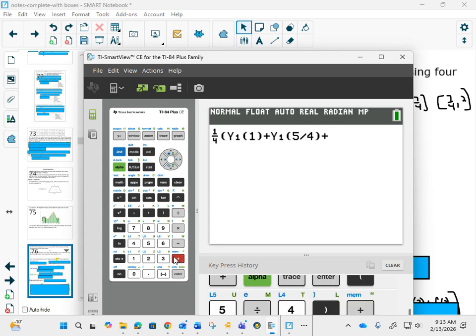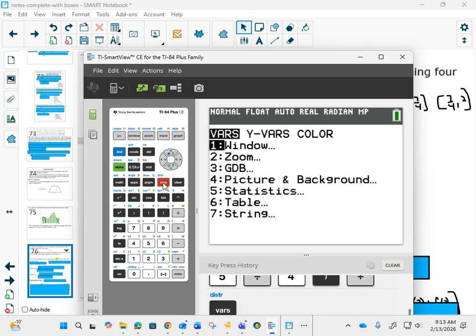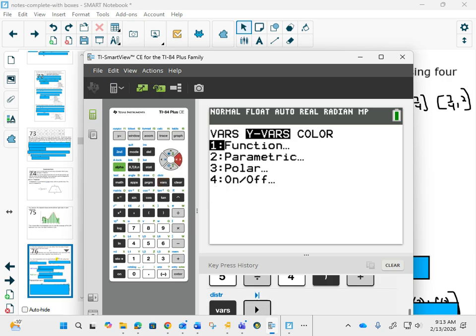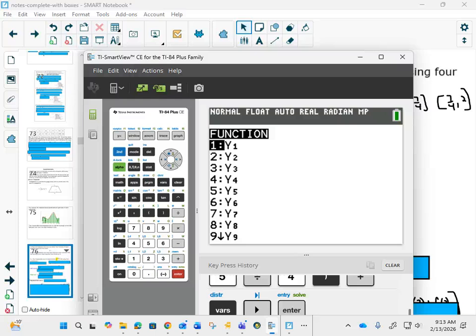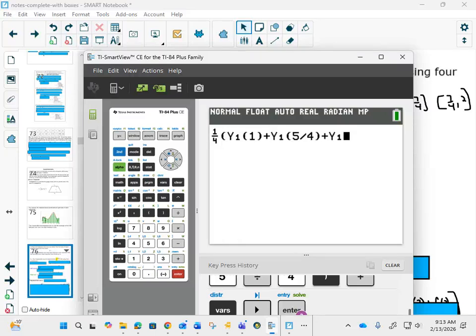Now, if you don't have the alpha f1, f2, f3, f4, because some of you don't, you can also find your y1 under variables here. Variables, which variables do we want? We want our y variables, we want our function. So a little bit more buttons to get to the y1.